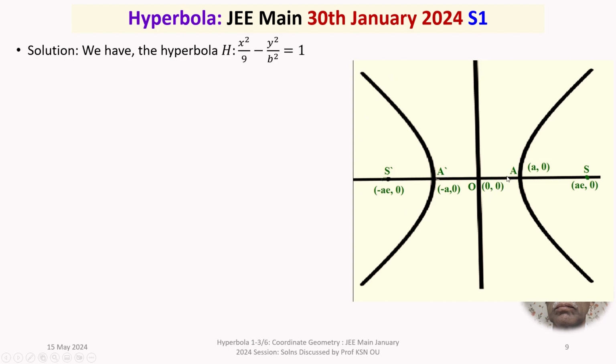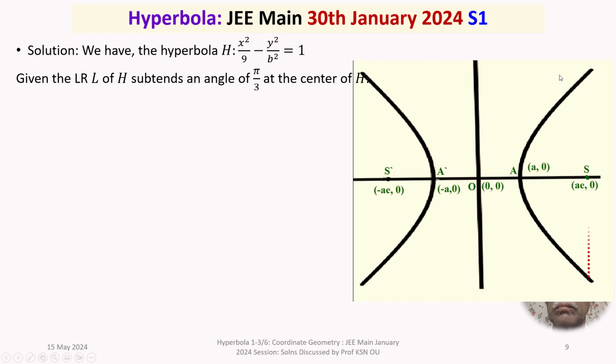The vertices are A and A prime, and the foci are given by S and S prime, which are given by plus or minus ae, 0.